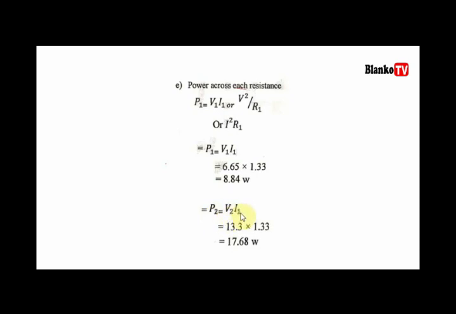I used I1 here because our I1 is the same as our I2 and the total current, since the circuit is a series circuit. Our V2 is 13.3 and our current is 1.33. When you multiply 13.3 by 1.33, you get 17.68 watts.